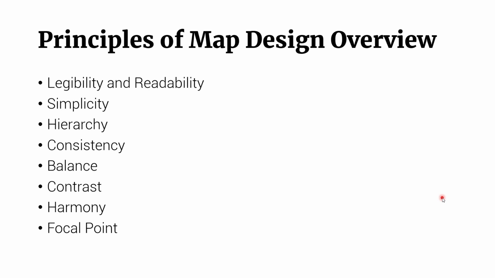For example, kung yung national road mo ang thickness is 5, color niya red. Yun ang main. Pagdating mo sa provincial road, red din siya, pero yung thickness niya 4 na lang. The next one, city road, 3 na lang yung thickness. Yung barangay road, 2 na lang yung thickness. So, doon pa lang sa hierarchy na yun, makikita mo na yung relationship nung road.